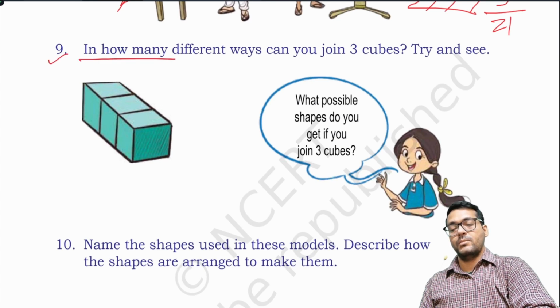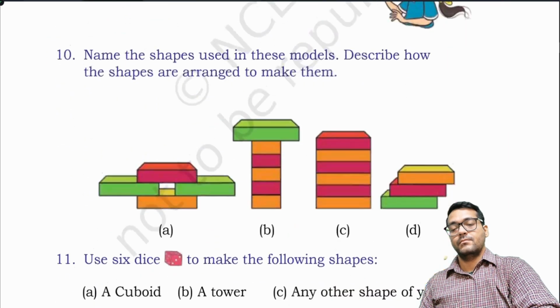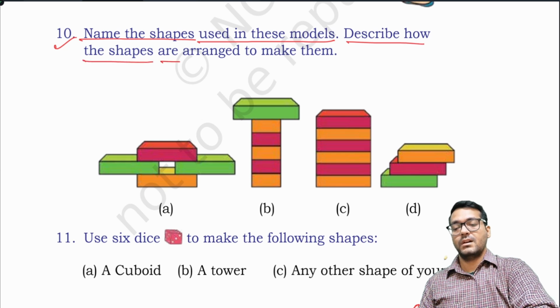9. In how many different ways can you join 3 cubes? Try and see. What possible shape do you get if you join 3 cubes? 10. Name the shapes used in these models. Describe how the shapes are arranged to make them.